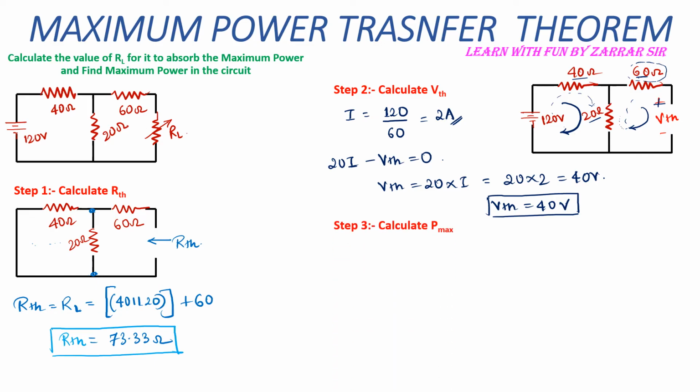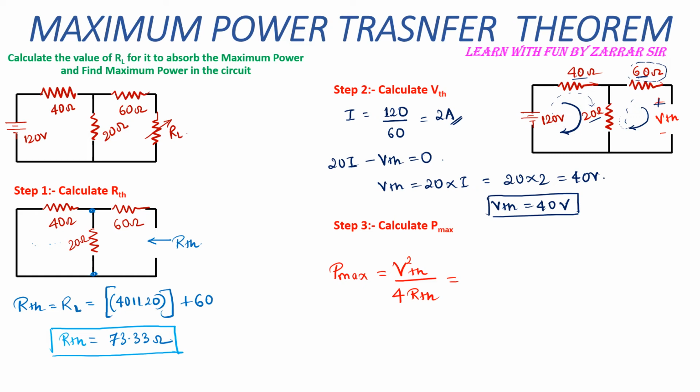The calculation of maximum power is a very simple, straightforward formula-based step. The formula is Pmax equal to, a very simple formula, and I don't want to show you the derivation here: V square Th upon 4 Rth.